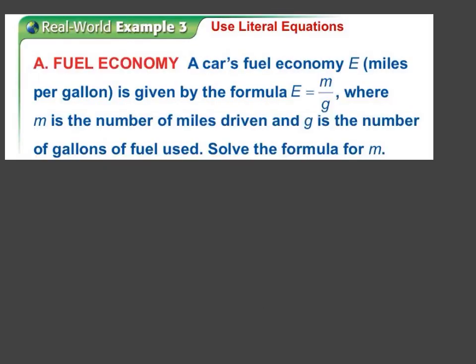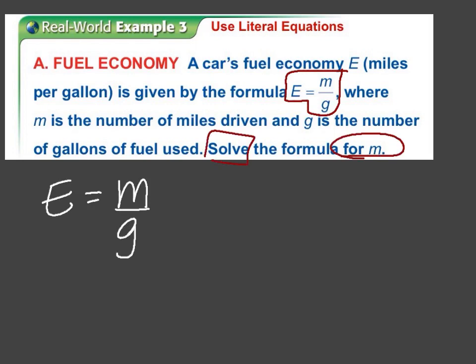Alright, so let's move on to the next one. Now, don't sit here and copy the whole thing down. You just basically need to make sure that you have your formula down, and then you need to solve for m. Okay? So if we get started, we have E equals m divided by g. So we need the m by itself, and notice that you are dividing by g.